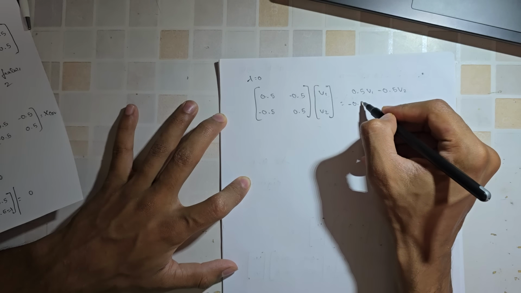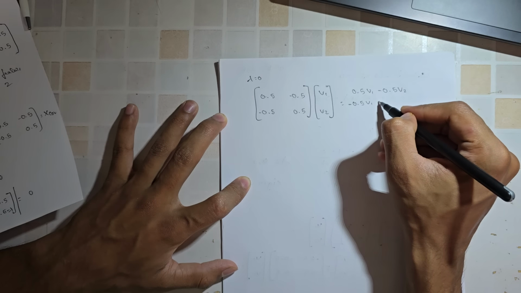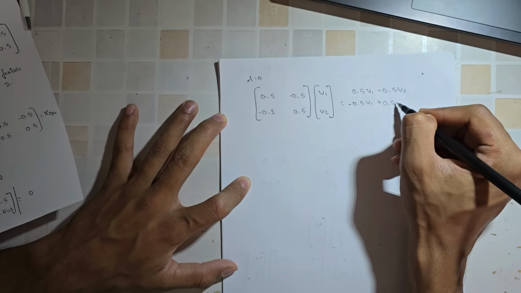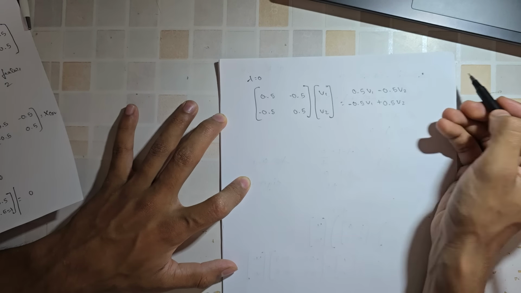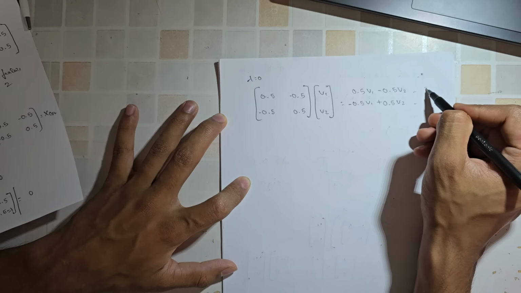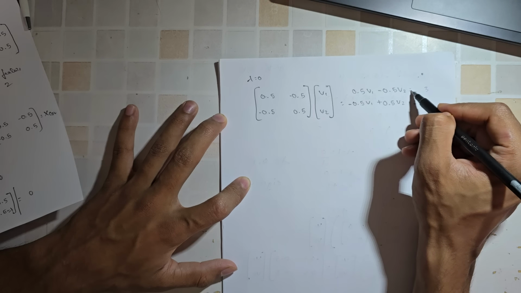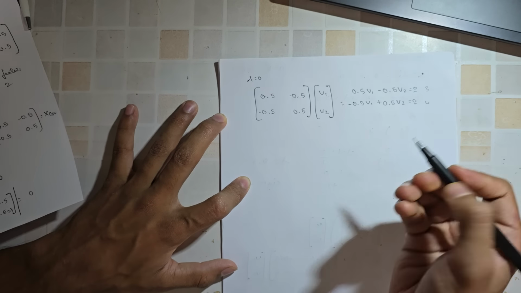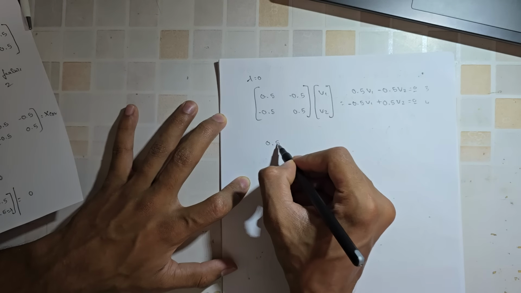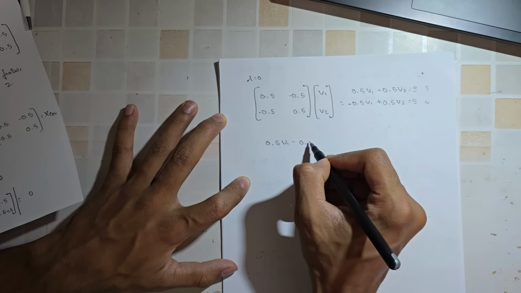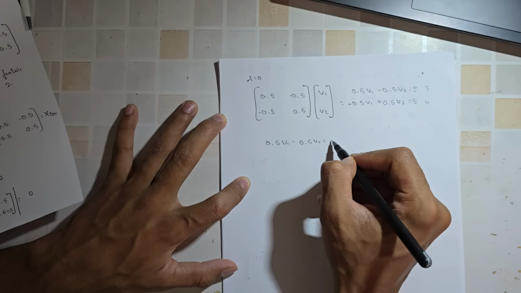Now here minus 0.5 v1 plus 0.5 v2. You can take anything, we will take this one. So this is 3, this is 4, both are equals to 0, since this thing was equals to 0. So I will take this one, 0.5 v1 minus 0.5 v2 is equals to 0.